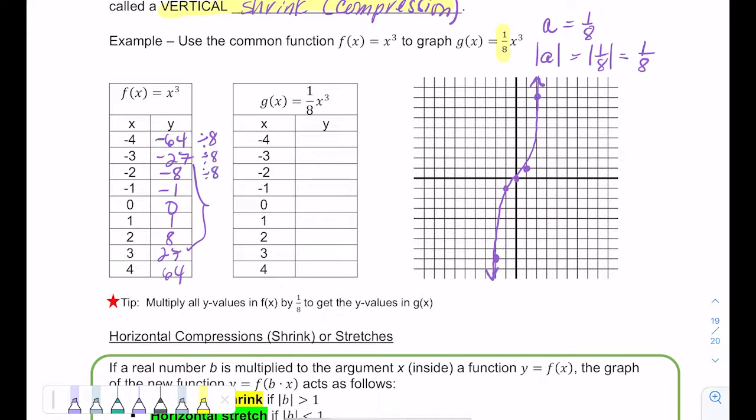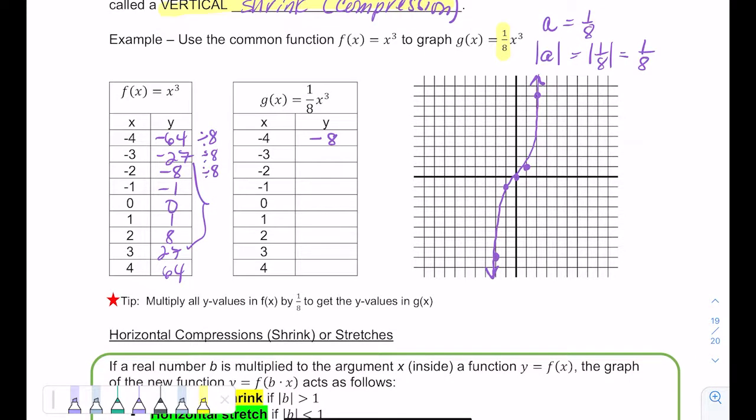It's the same thing. And that's going to give me my new values. So -64 divided by 8 is -8. -27 divided by 8, it's going to just give me -27/8, which is not a nice number to graph, so we won't bother graphing that one. -2/8 is 1/4.